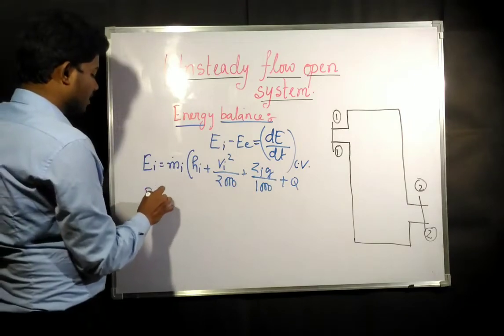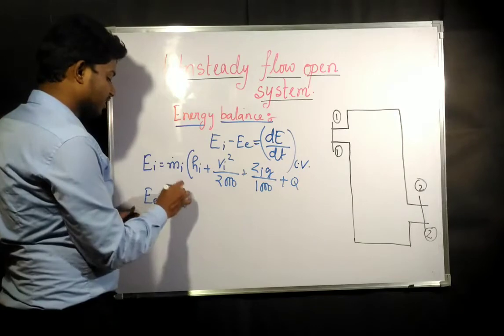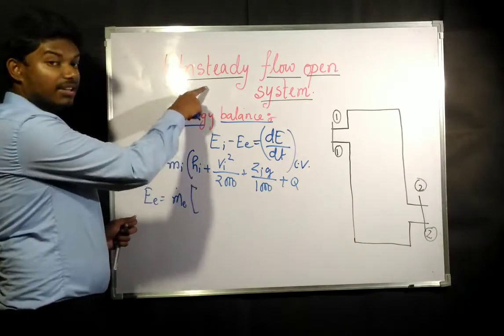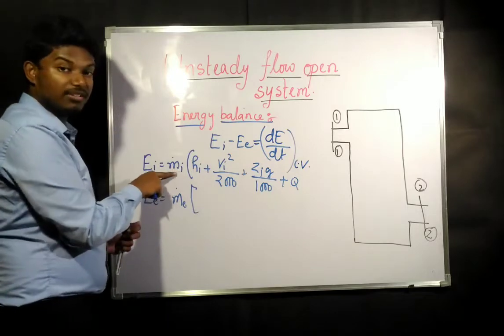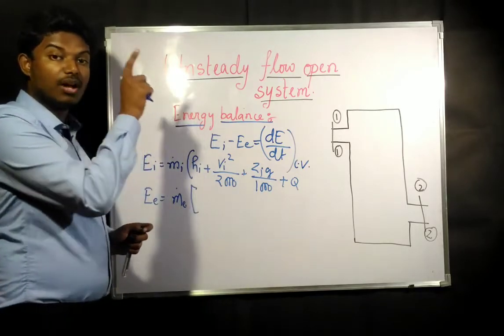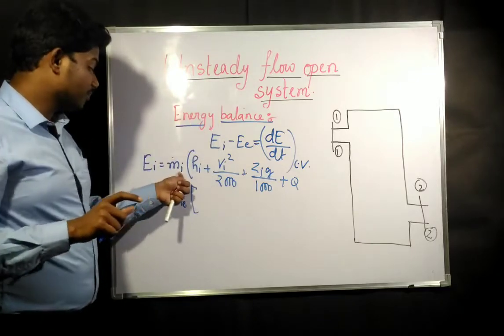Again, for energy at outlet or energy at exit, mass flow rate at exit. In the steady flow case we have written both the terms as m dot and m dot, because in the mass balance m dot 1 and m dot 2 were the same.